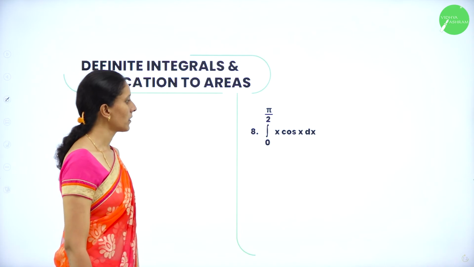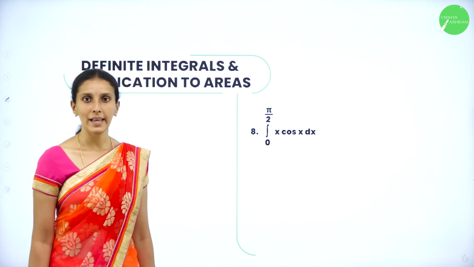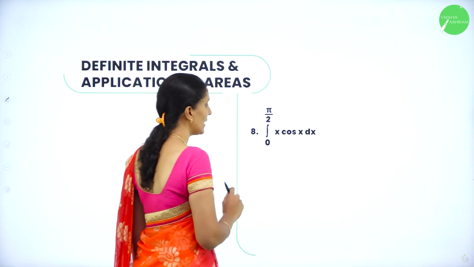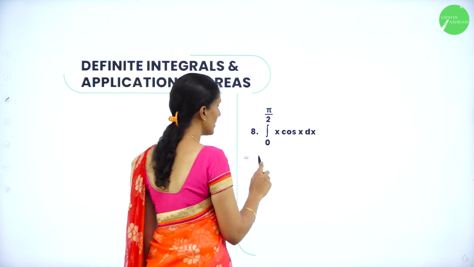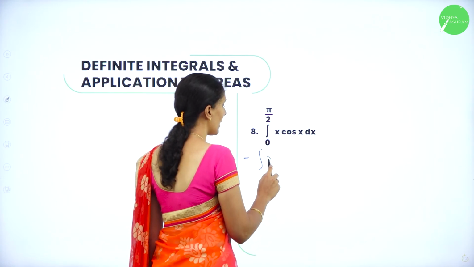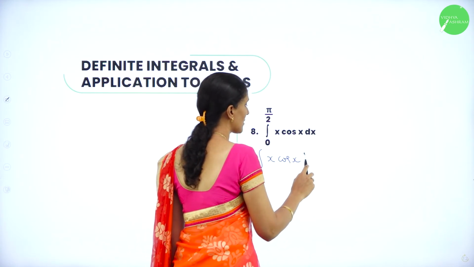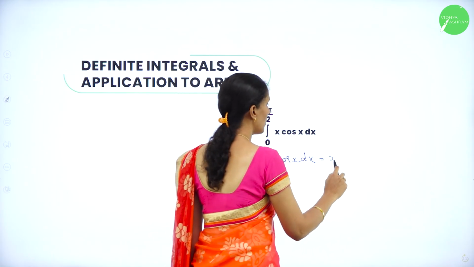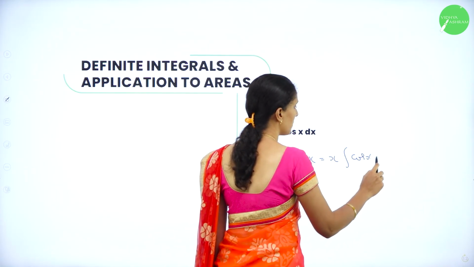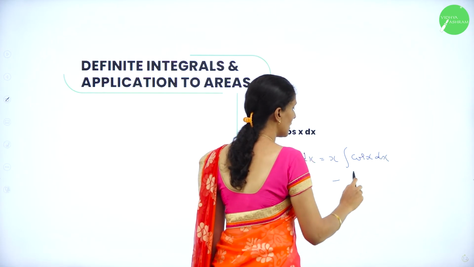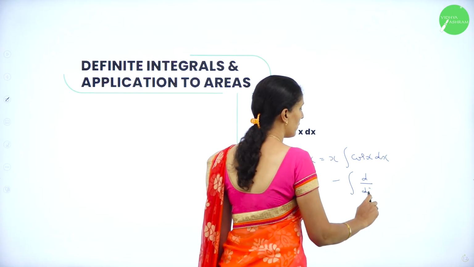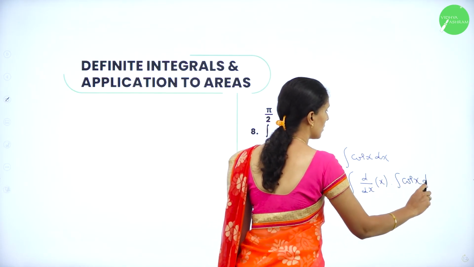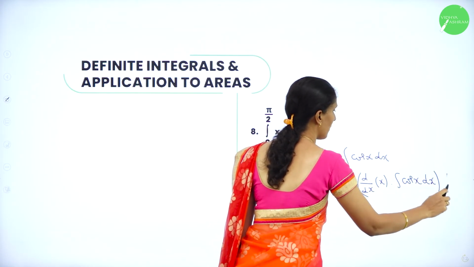Next problem, the integral from 0 to pi by 2 of x cos x dx. So let us first find the integral of this. So this is the integral of x cos x dx. It can be written as first function into integral of second, minus integral of derivative of first function into integral of second function into dx again.